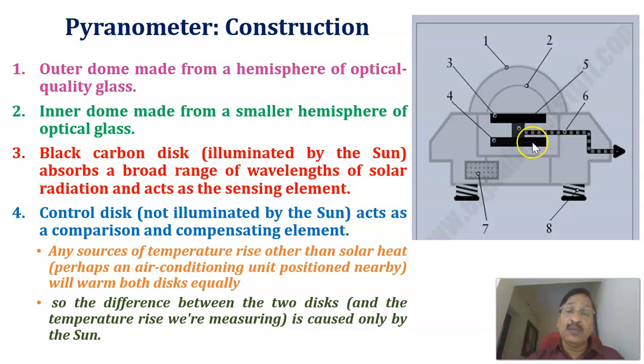This is a reference surface and this is the black surface on which the radiation is falling. So the difference between the two discs, the black surface on which the solar radiation is falling and the reference surface, is what we are measuring, and the temperature difference is caused by the sun. That difference in temperature, or the corresponding voltage, is because of the radiation passing through this.